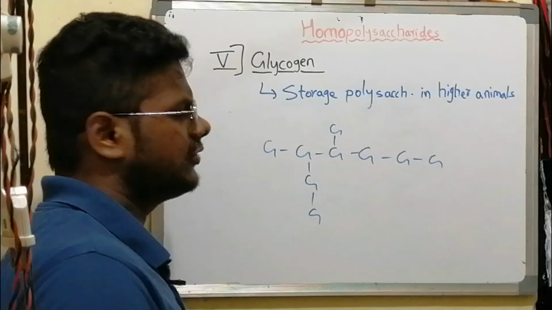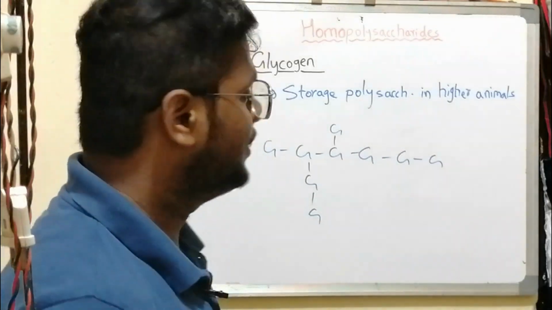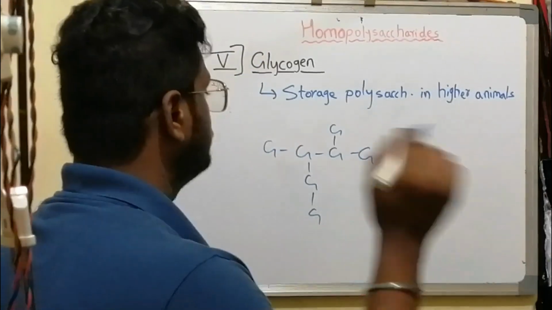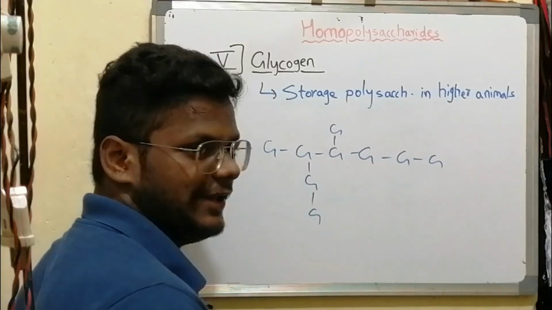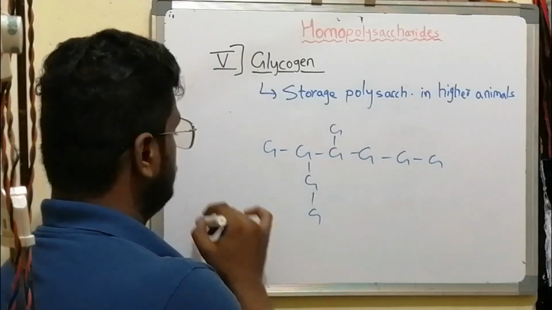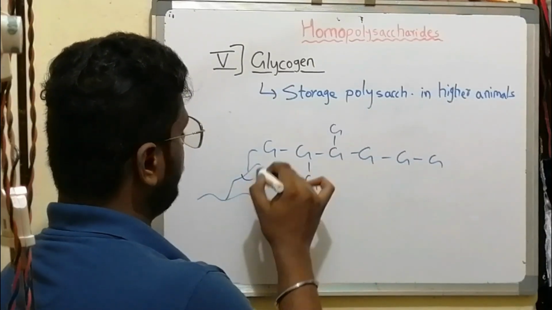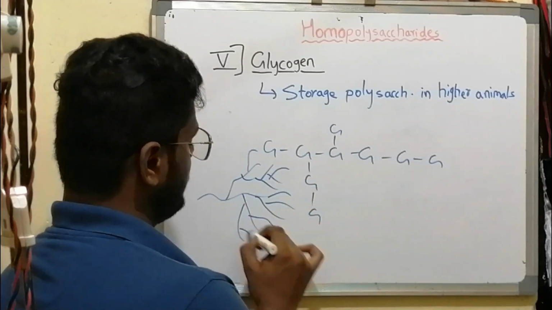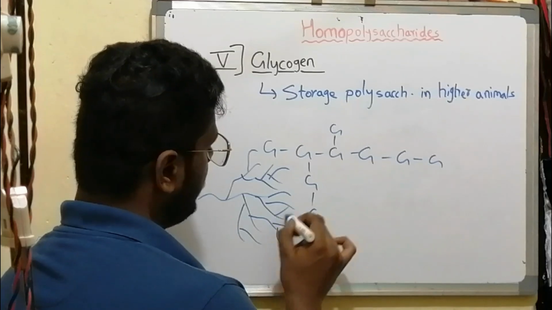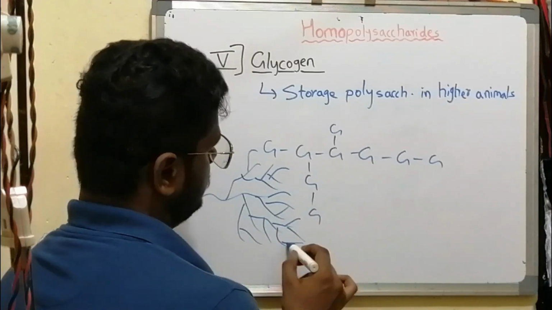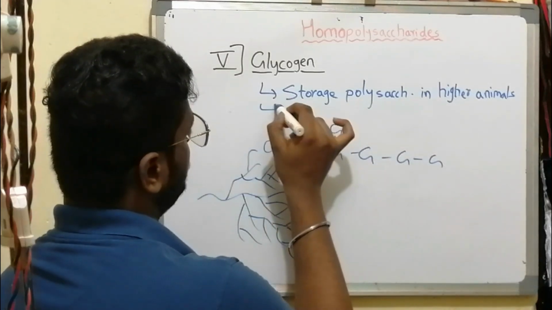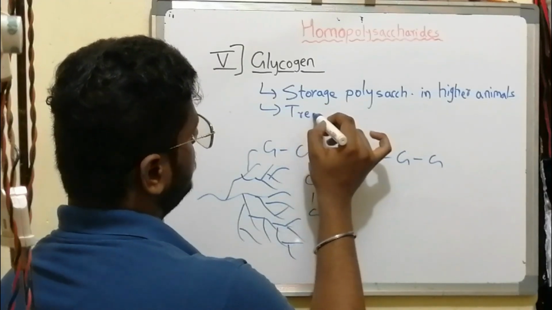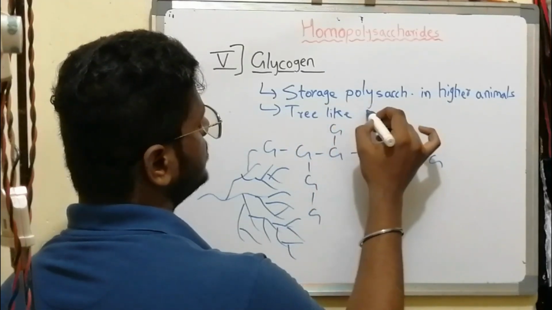But amylopectin was also similar. Then what is the difference? The difference between amylopectin and glycogen is that amylopectin is lightly branched, but glycogen is profusely branched, and it is branched such that it looks like a tree. So glycogen has tree-like profuse branching.